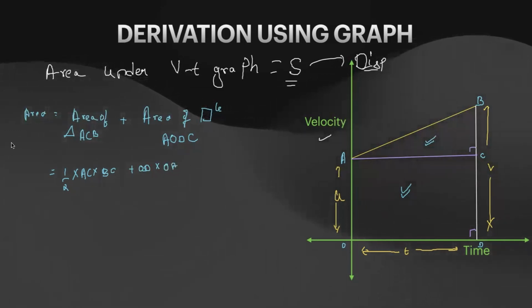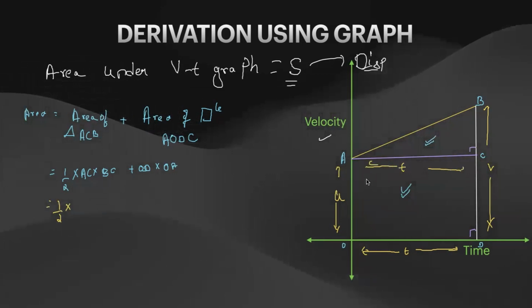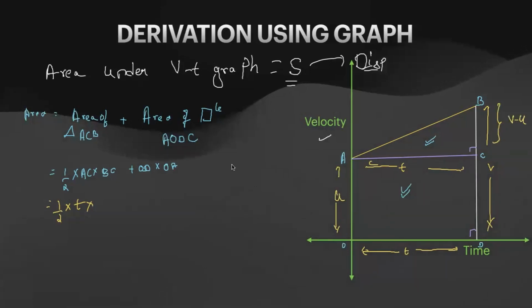Now it's simple. Half into AC. AC is equal to OD, and OD is equal to the time taken. So AC is t. What is BC? BC is v minus u, plus OD into OA.